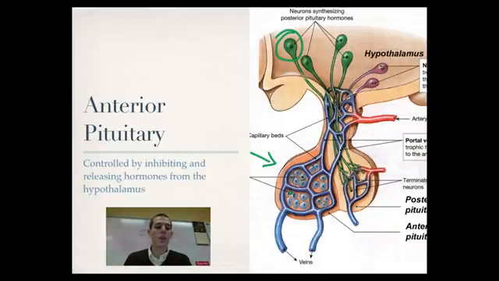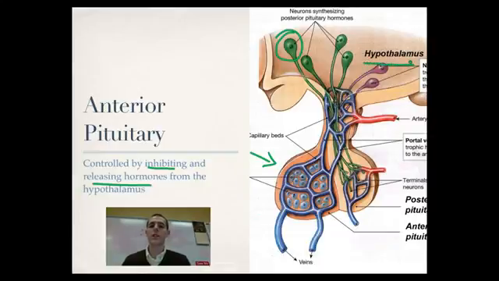It is controlled by inhibiting and releasing hormones from the hypothalamus. So the anterior pituitary is capable of producing and sending out tons of different hormones that work on all different parts of the body. Whether that anterior pituitary releases or doesn't release a hormone is up to the hypothalamus.